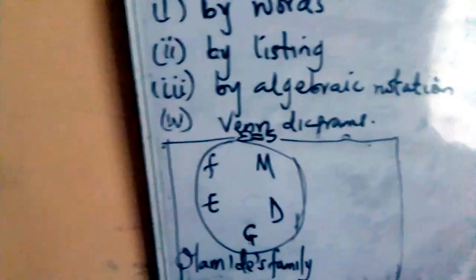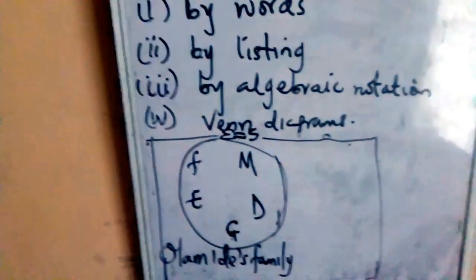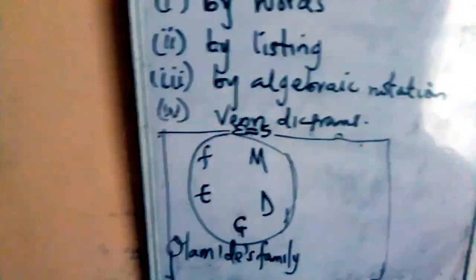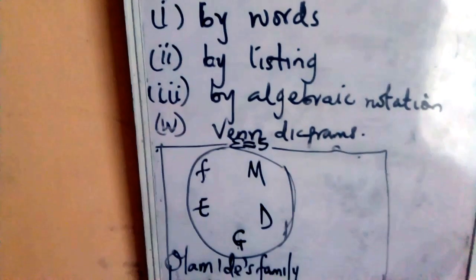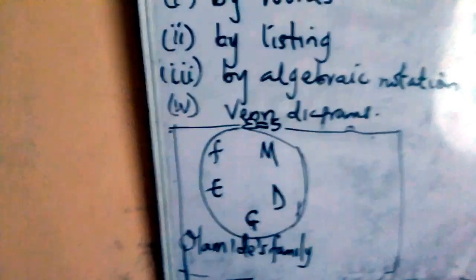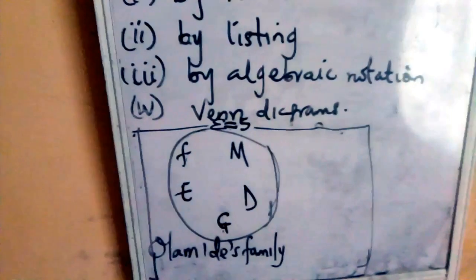The universal set will be represented by a rectangle. Now every subset of the universal set will be represented as a circle inside the rectangle.